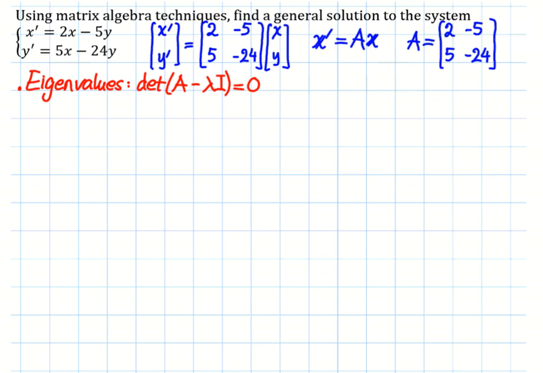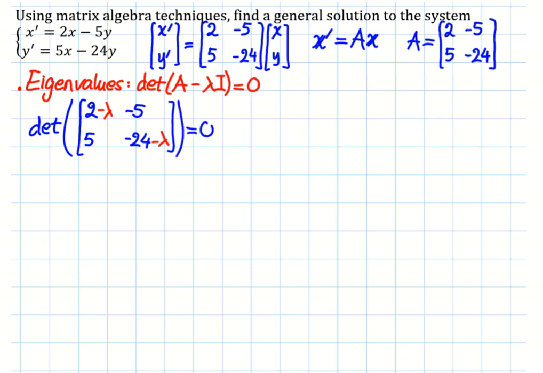So pretty much we have the matrix A minus lambda on the diagonal equal to 0. Notice this is a scalar equation, not a vector equation. So that's just a number 0, not a vector 0.